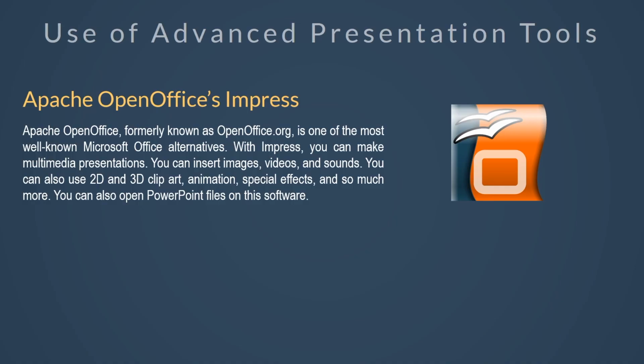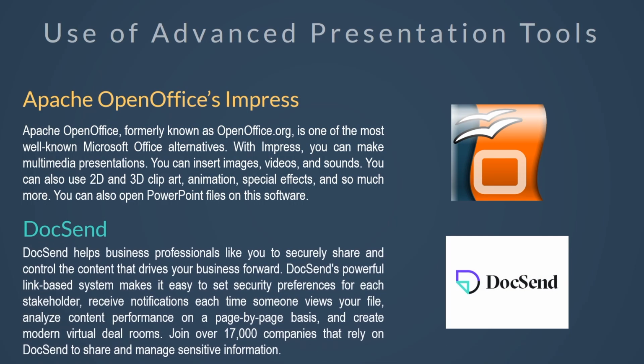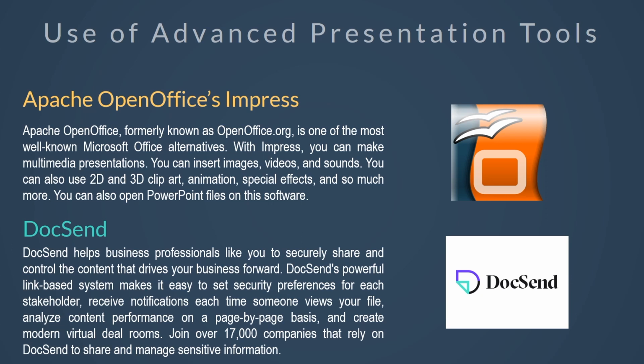Then there is one more tool called DocSend, which helps business professionals like you to securely share and control the content that drives the business forward. Here DocSend's powerful link based system makes it easy to set security preferences for each stakeholder.